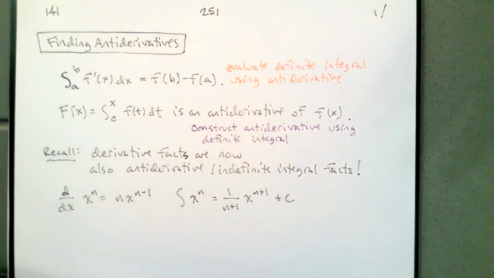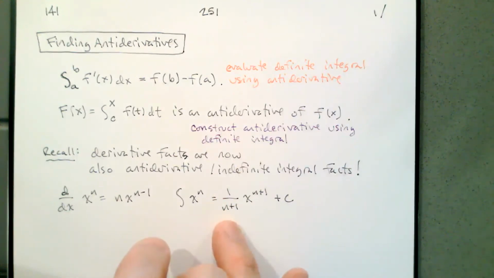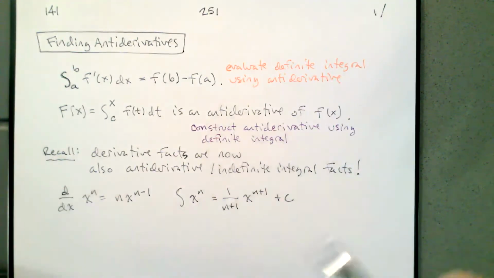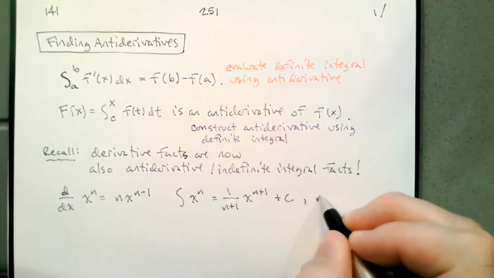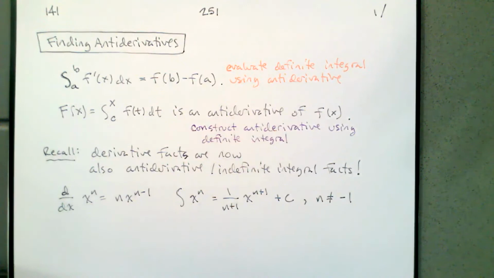And then we have to put a plus c, that's the constant of integration. So our derivative fact became an antiderivative fact. And we should also note that this is for n not negative 1. So this only works as long as n is not negative 1, because we don't want to divide by 0.